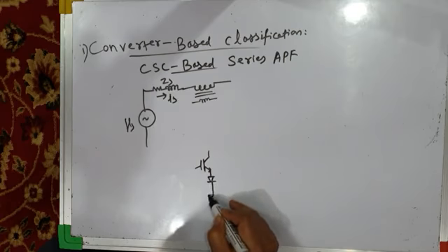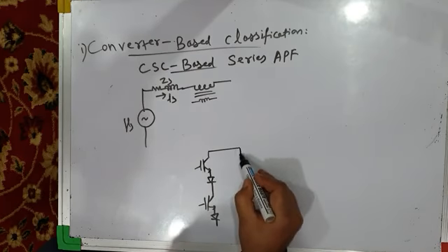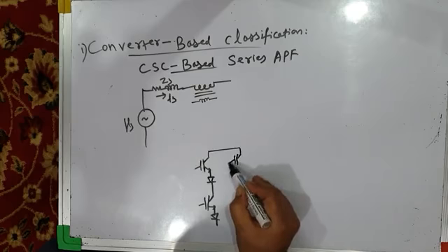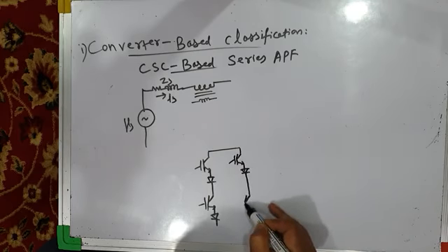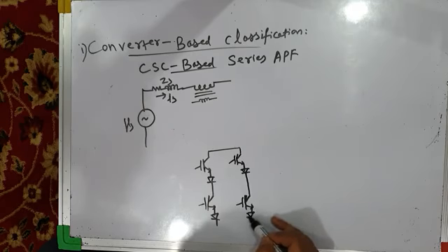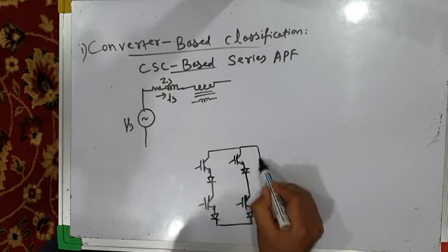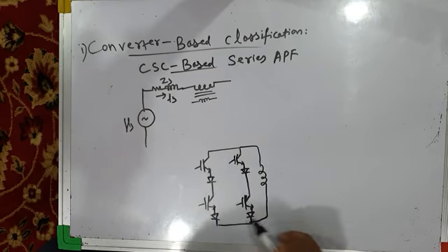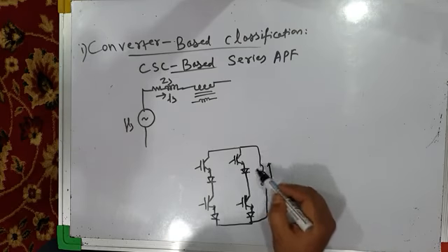Current source converter we have to draw. And this current source converter will look like this. We have DC bus, and on the DC bus we don't have a capacitor.